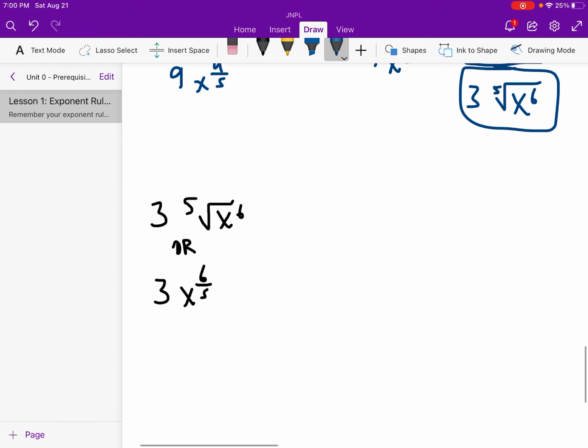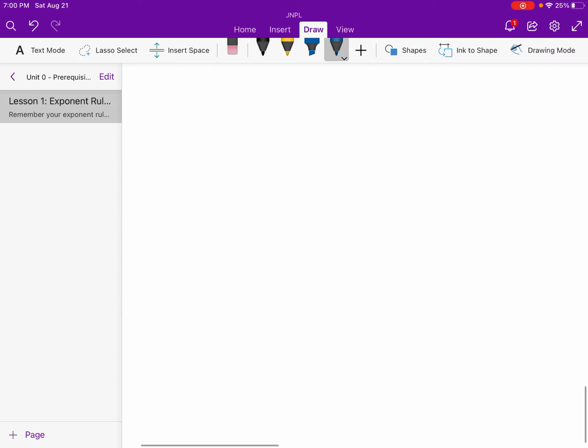Good. Now, last thing that I forgot to say as a rule is negative exponents. A common thing that people think is if you have a negative exponent, like, let's say, 3 to the negative second, you might think, oh, since 3 to the second is 9, then 3 to the negative second is negative 9.